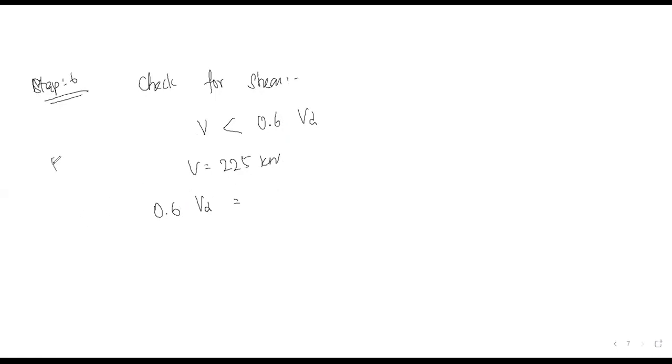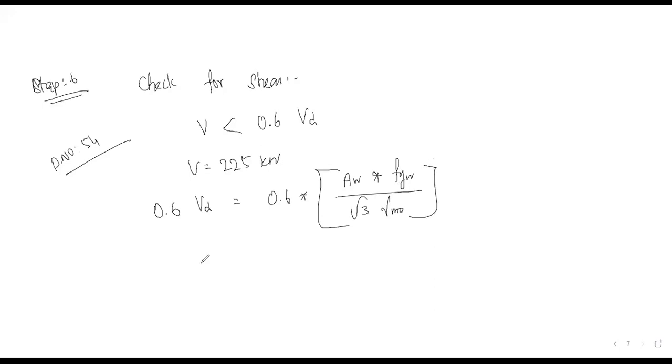The formula is Aw, that is area of web, into fyw divided by root 3 into gamma m0.